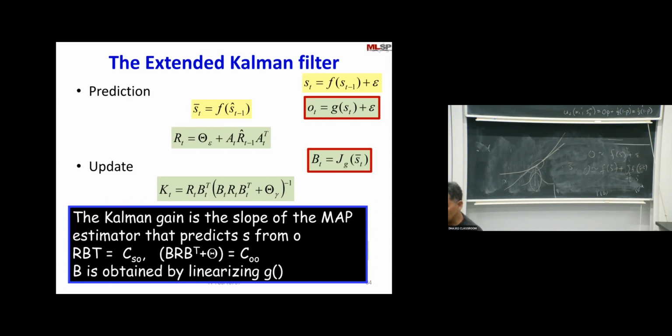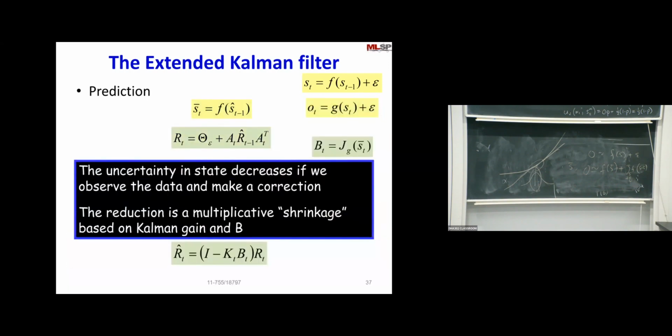And that term B is going to be obtained from the linear variant of my observation equation G. And that term B is going to be what? The Jacobian of G. That makes sense to all of you guys, right? So very simple. And so I just stuck that in. That's just a standard Kalman gain equation.